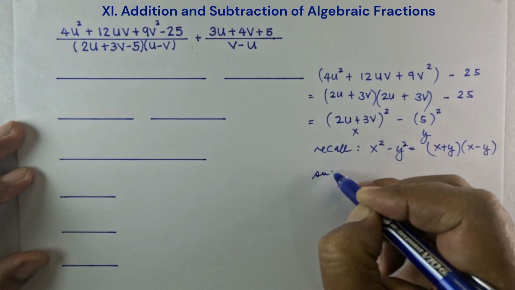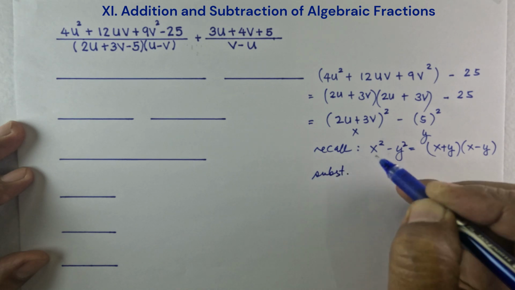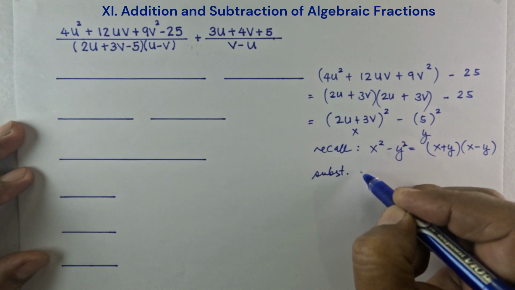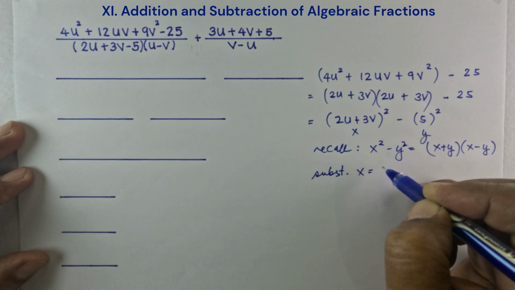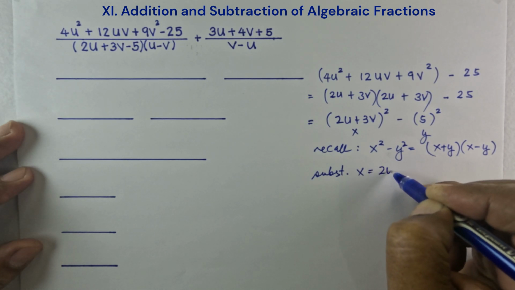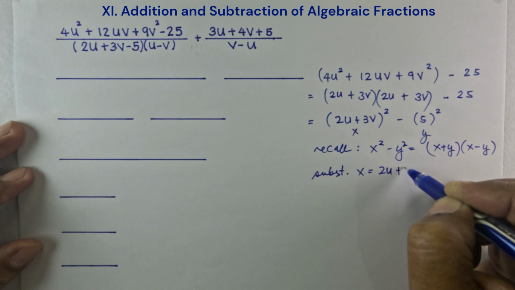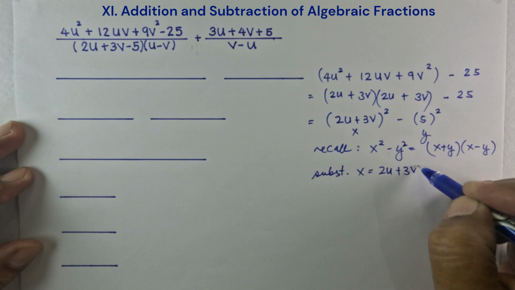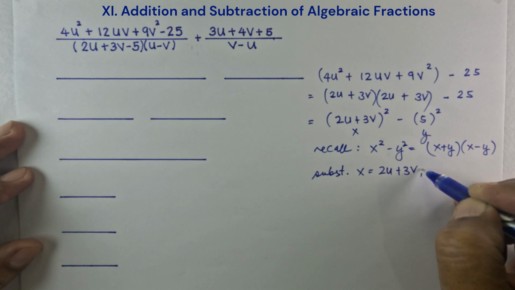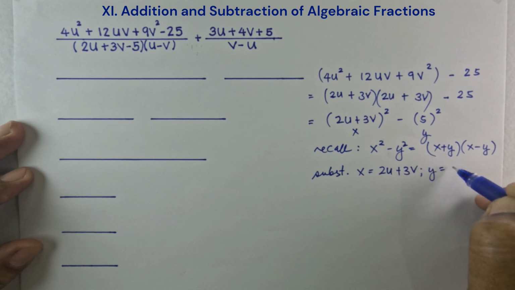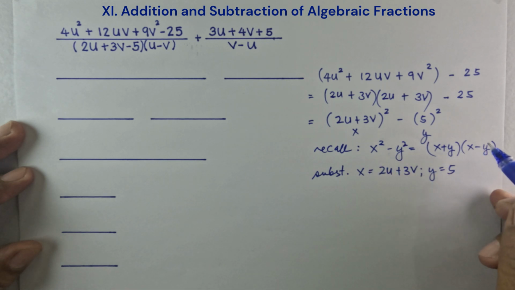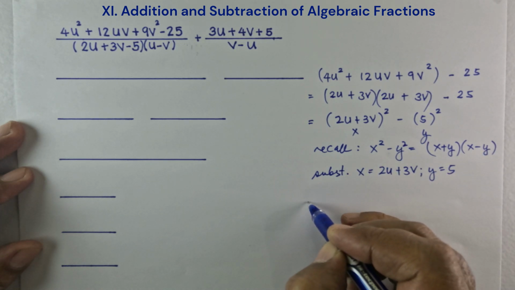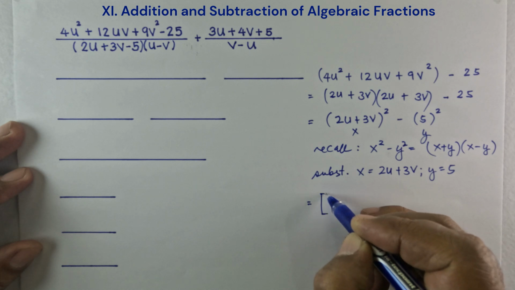So right here, substitute x equals 2u plus 3v and y equals 5. So we'll substitute this in this formula here.